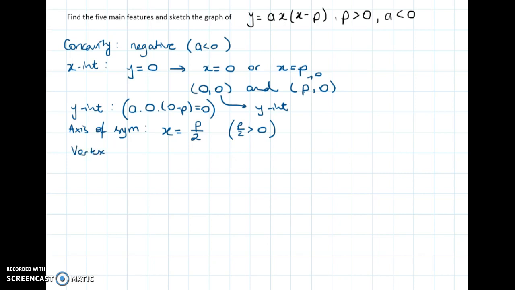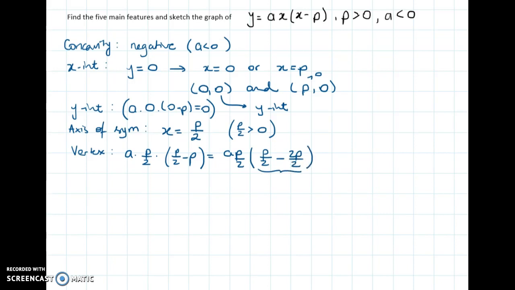We know the x-coordinate of the vertex, that's p over 2. So we need to evaluate our function at p over 2. So a times p over 2 times (p over 2 minus p). So we get a times p over 2, and then inside the bracket, what we have is p over 2 minus, I will take common denominator 2, so 2p over 2.